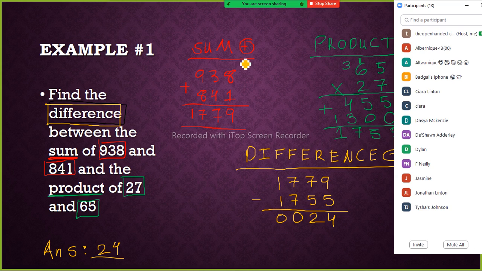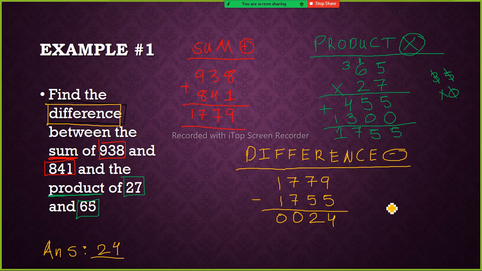Then we found the product of 27 and 65, so we multiply those two numbers. Then they say find the difference between those two, and when we say difference, we mean subtract. So we subtracted those two numbers. All right, so we're going to begin with our exercises. I think that should be enough.